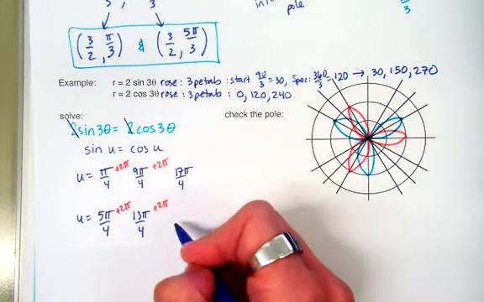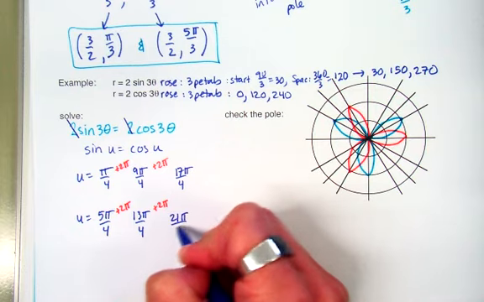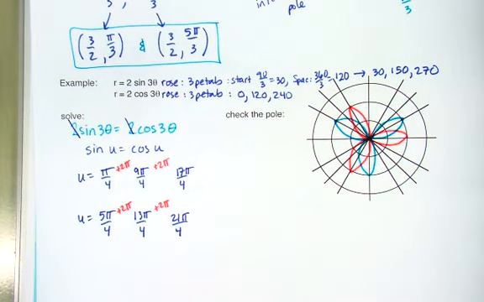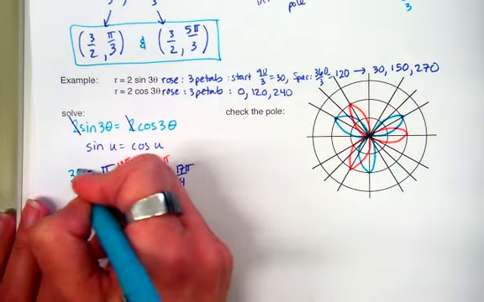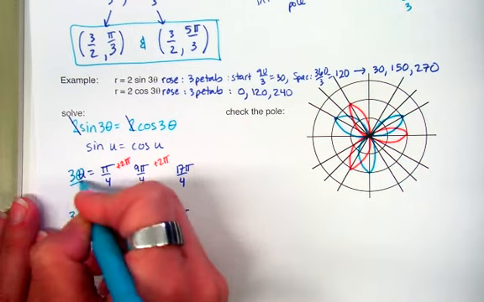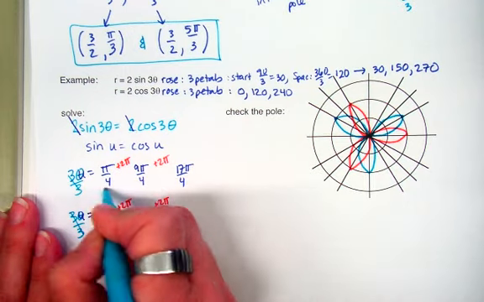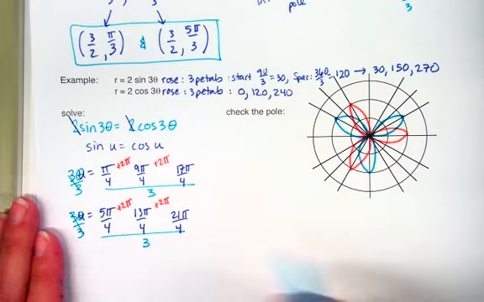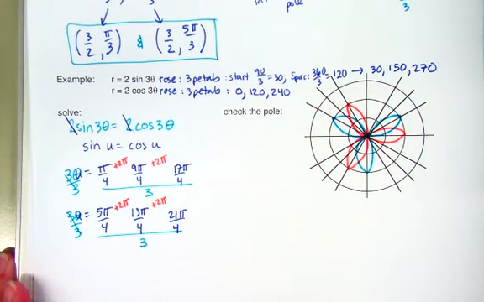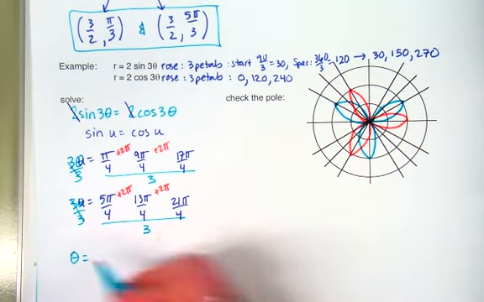All right, so how many solutions are we going to have? There's going to be 6, yeah. When I plug back in the 3 theta and divide everything by 3, I write out all my answers. All right.